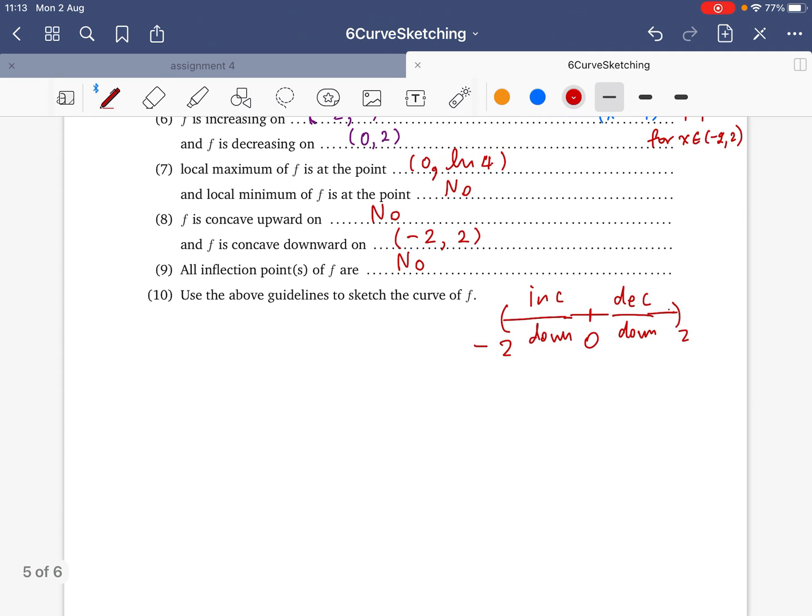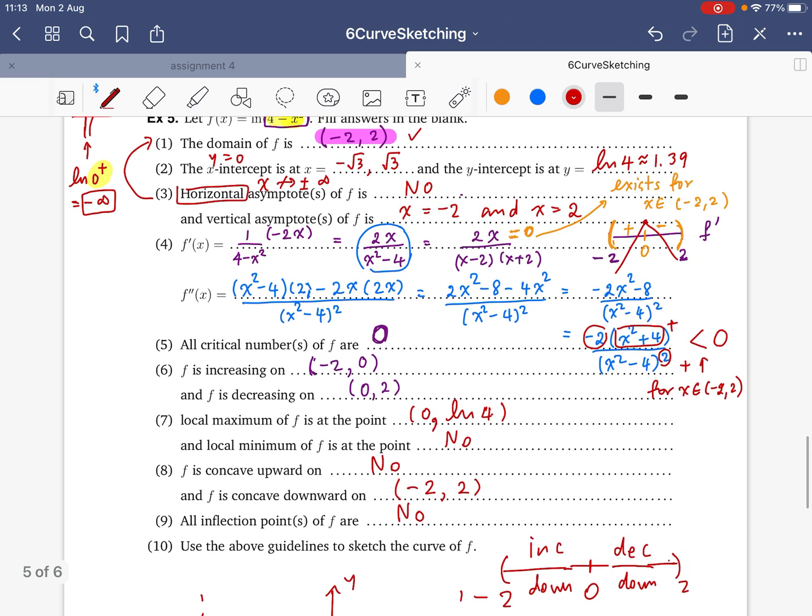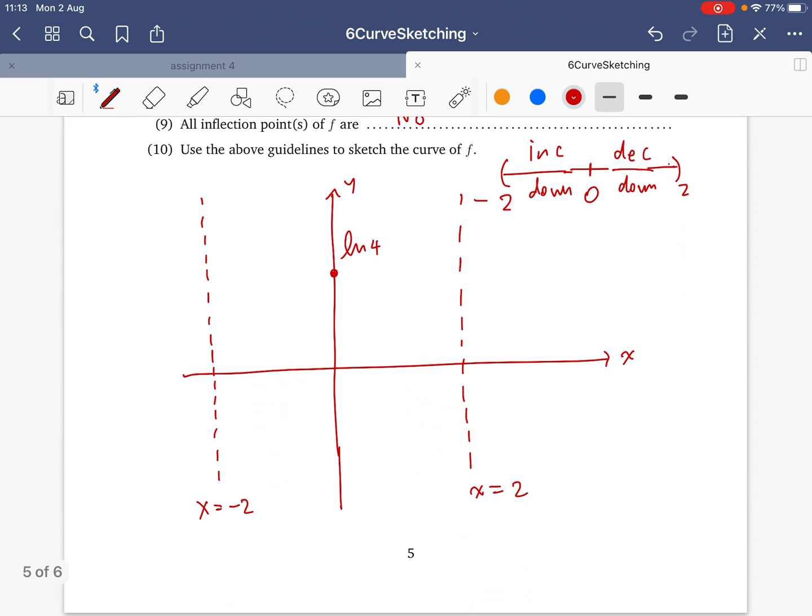So here we have the x and y axes, and then you have x equals negative 2, x equals 2, and at 0 you have the log of 4. And it cuts the x-axis at square root of 3 and negative square root of 3, somewhere here.